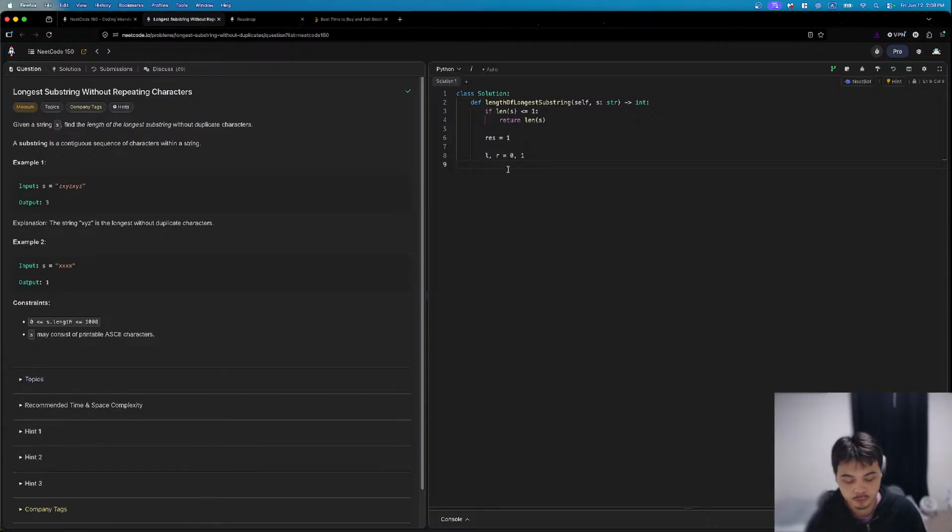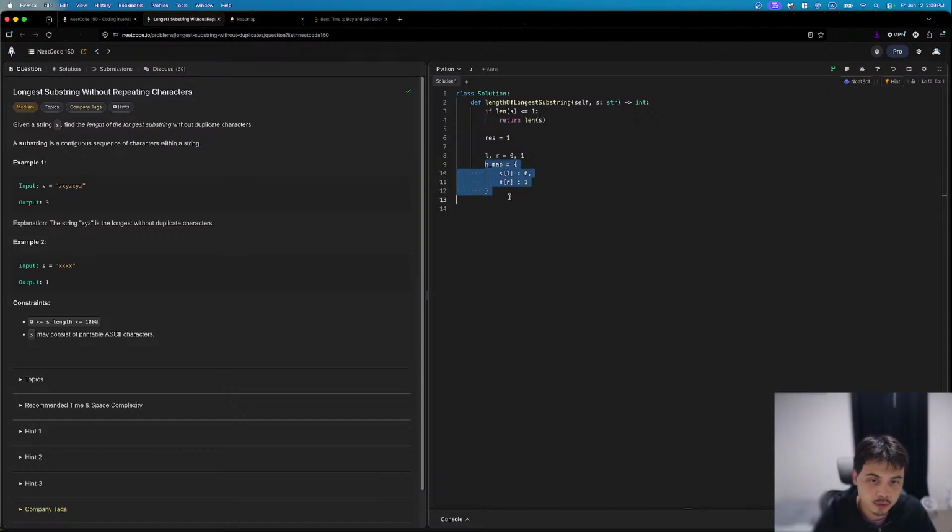Okay, so hash map is equal to, then SL, you want to map that to 0, comma, SR, I want to map that to 1.